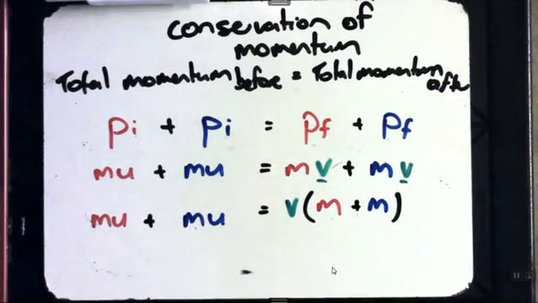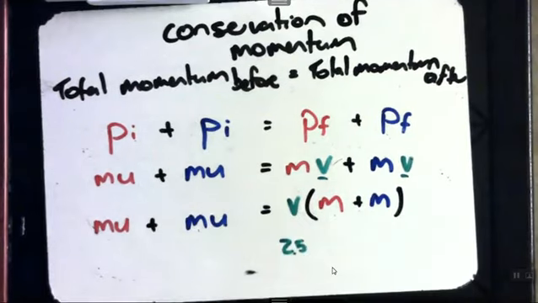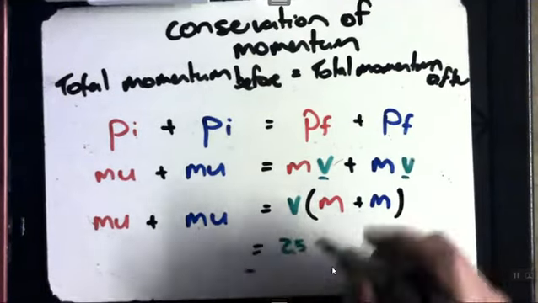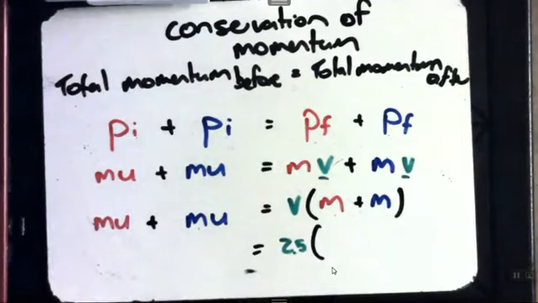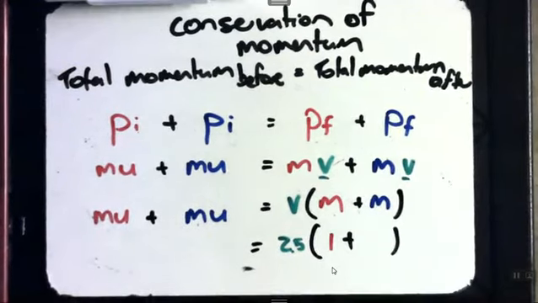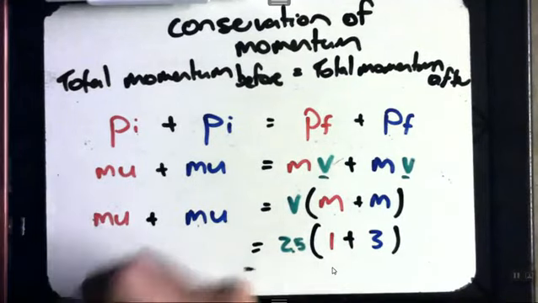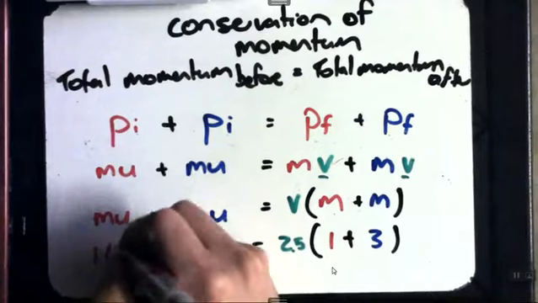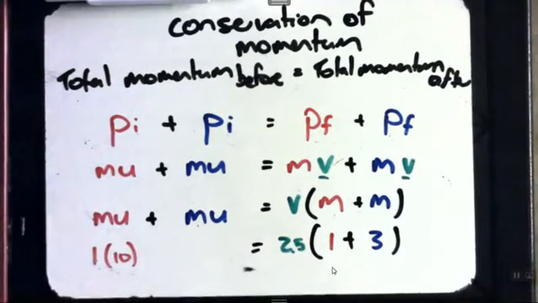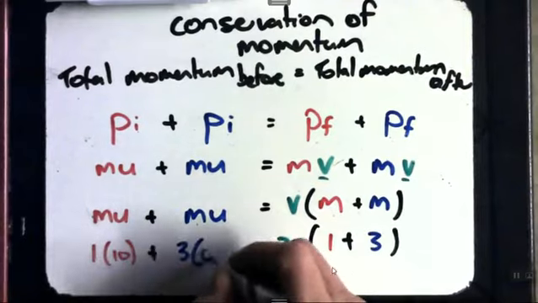But for this sake, they both move together at a positive 2.5. So we know that that is a positive 2.5. We know that the mass of the red one was 1, and that the mass of the blue one was 3. And on this side, we had 1 times 10, and we had 3 times 0.